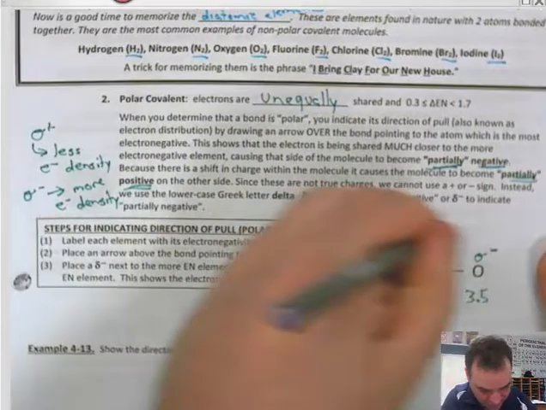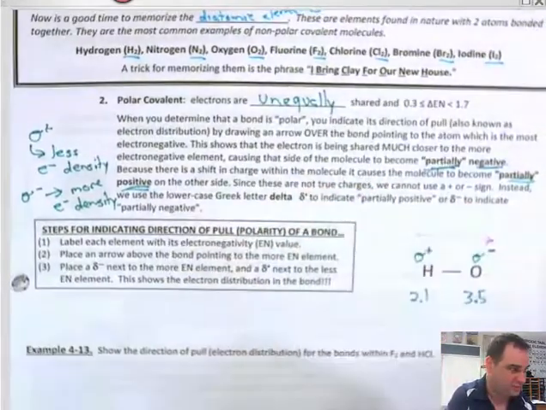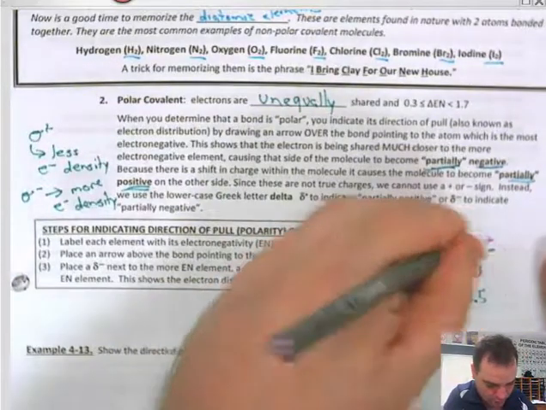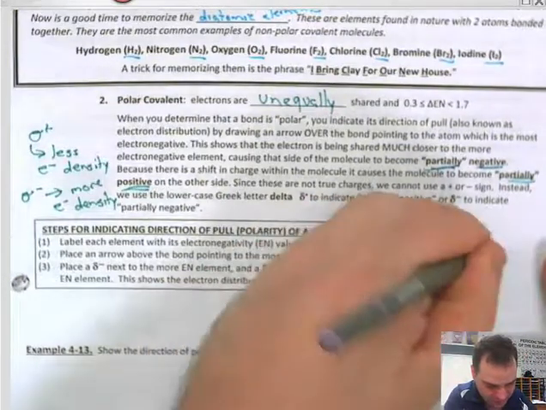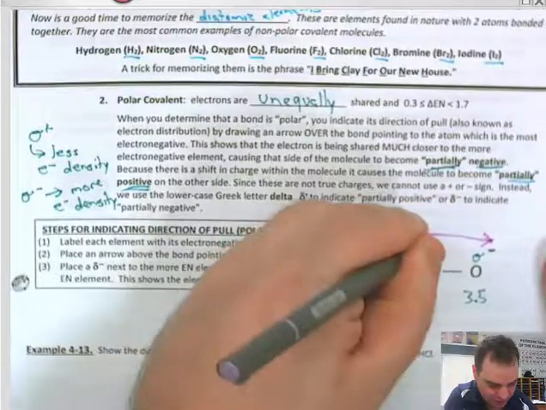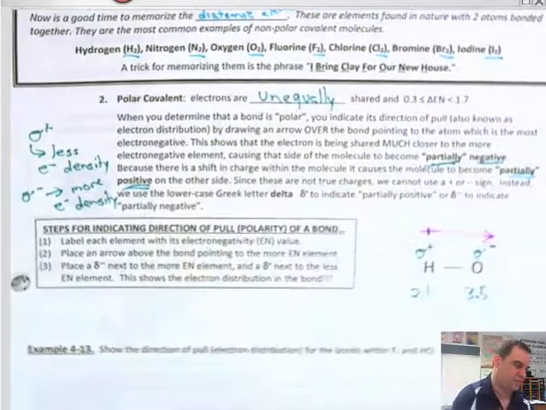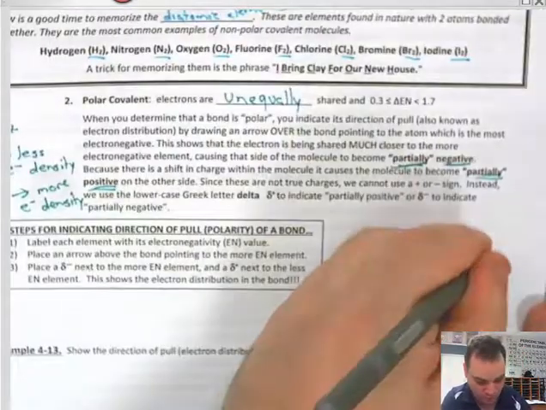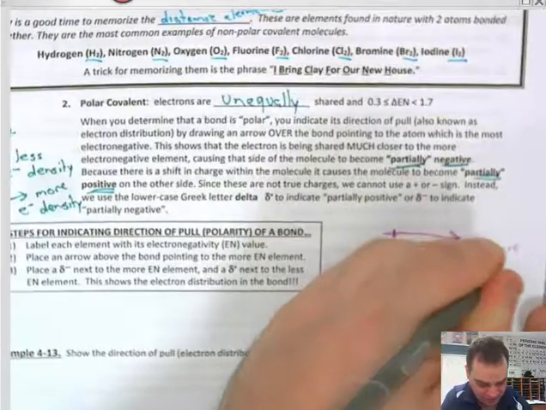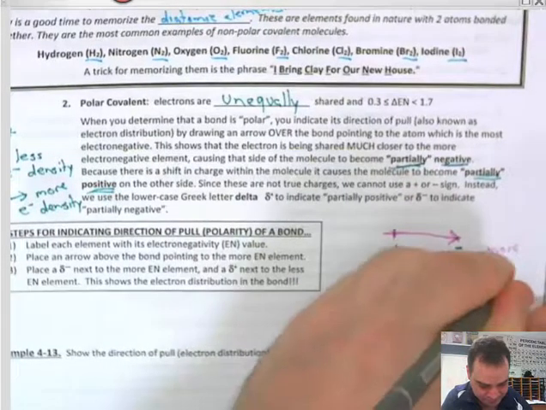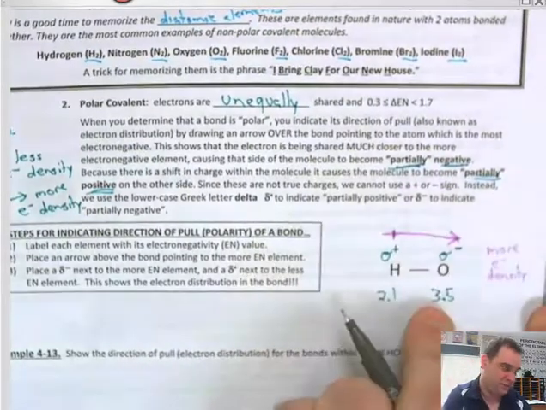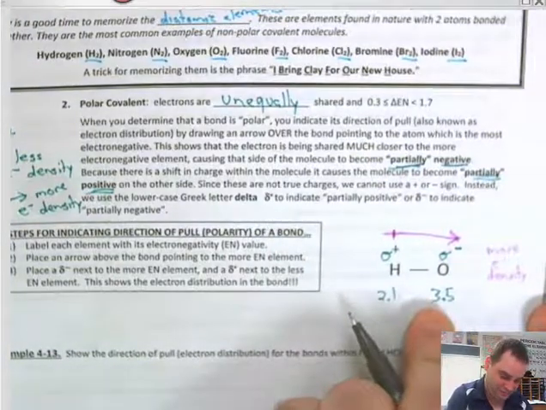You can also draw an arrow towards the more electronegative element. I usually put a plus sign at the other end of this one. That shows there is more electron density on this side, because this has 3.5 electronegativity.